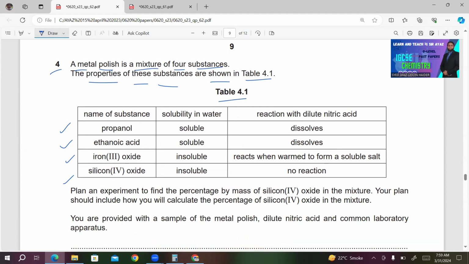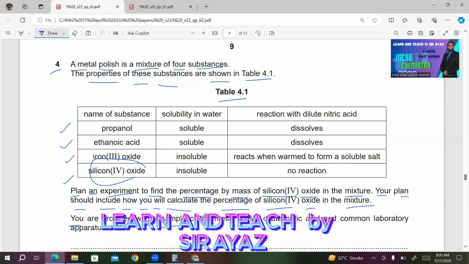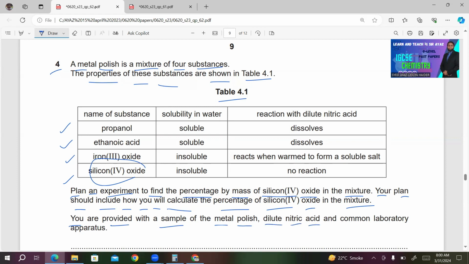Iron 3 oxide is insoluble in water but reacts when warmed to form a soluble salt with dilute nitric acid. Silicon 4 oxide is insoluble in water and there is no reaction with dilute nitric acid. Plan an experiment to find the percentage by mass of silicon 4 oxide in the mixture. Your plan should include how you will calculate the percentage of silicon 4 oxide in the mixture. You are provided with a sample of metal polish, dilute nitric acid, and common laboratory apparatus.